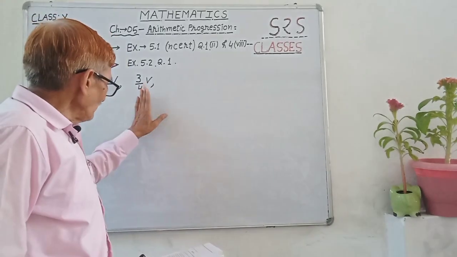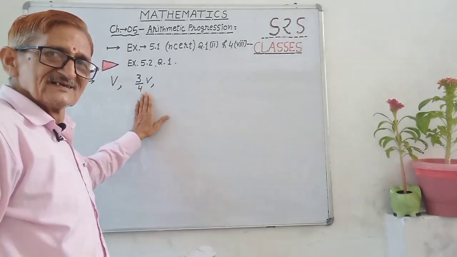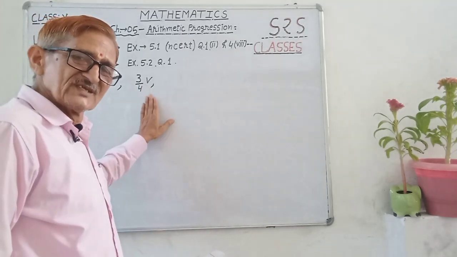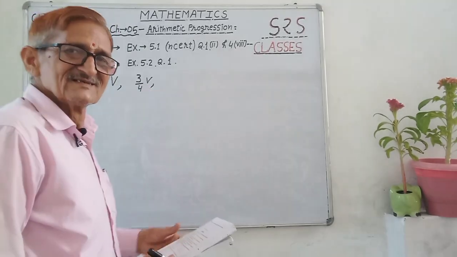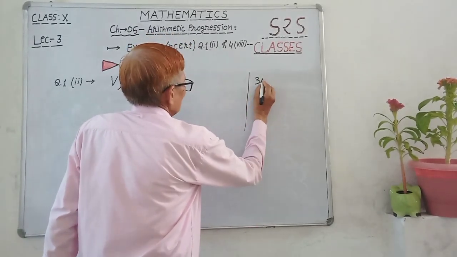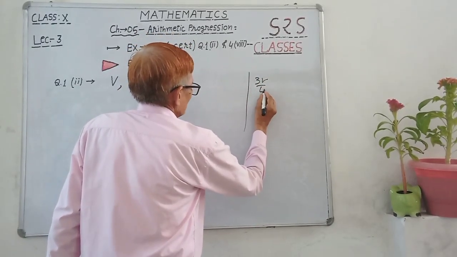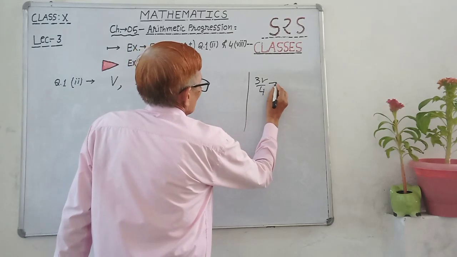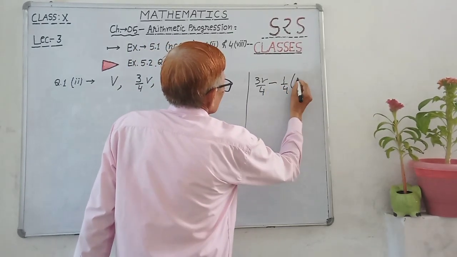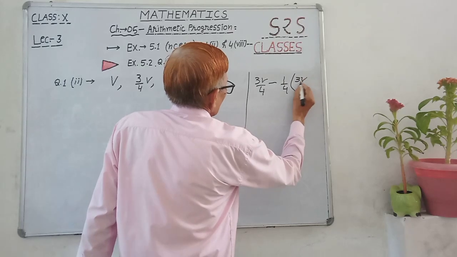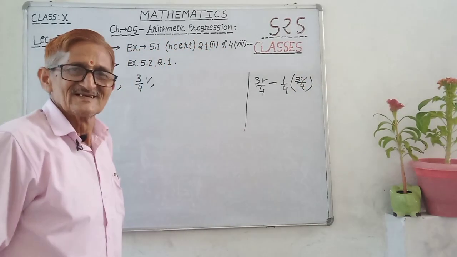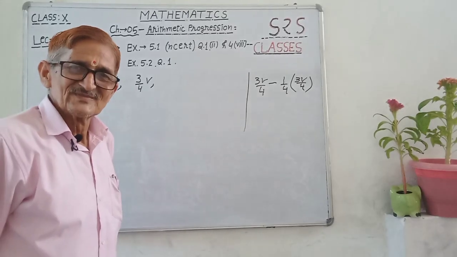After that, on this present at that time, remove 1/4 of this from this, यानी रफ वर्क, 3V/4 में से 1/4 of this 3V/4. This will be the third term.